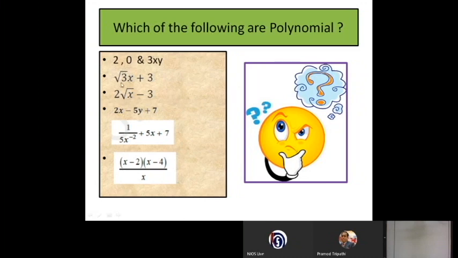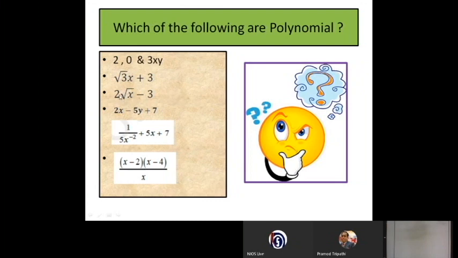So the numeral coefficient of the x is under root 3. The x raised to the power 1 is a whole number exponent, and this is a constant term, so it is also a whole number. So in the second problem, this is also a polynomial.